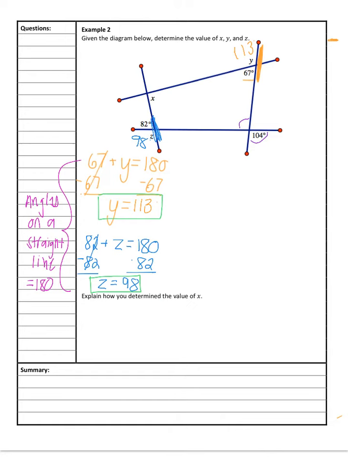And what's special about vertical angles is that they're congruent, and if you think back, congruent means equal. So since this angle down here is 104, that means this angle over here is also going to be 104 degrees. So if you wanted to write a little side note in there from what we just talked about, these are called vertical angles.